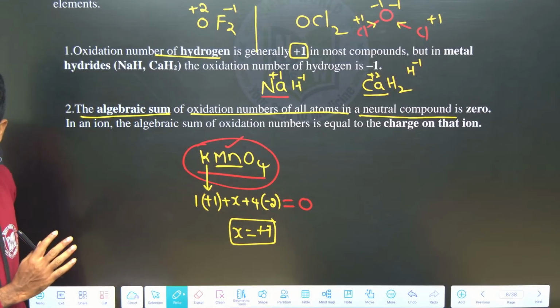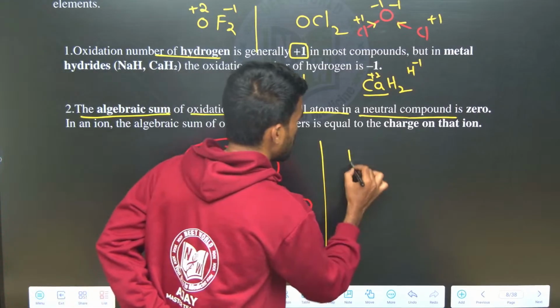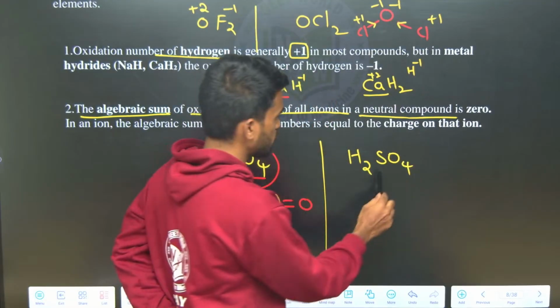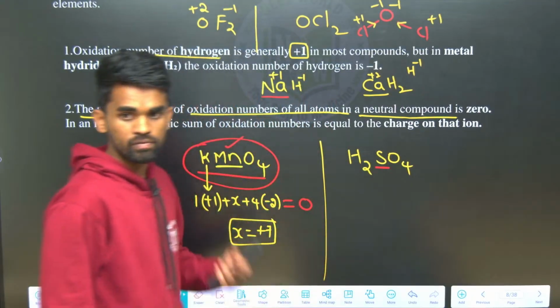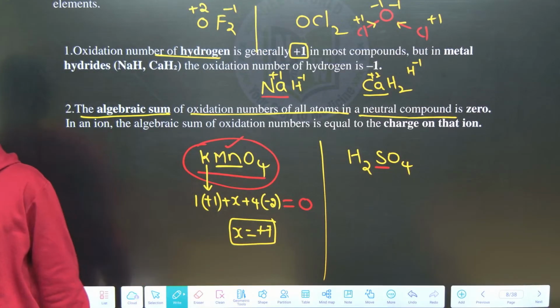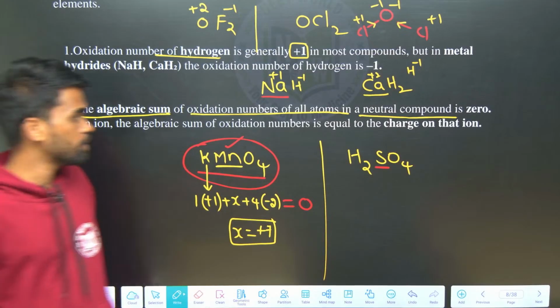Is it clear how to find oxidation state? Now tell me for sulfur in sulfuric acid, fast. +6. How can we calculate?